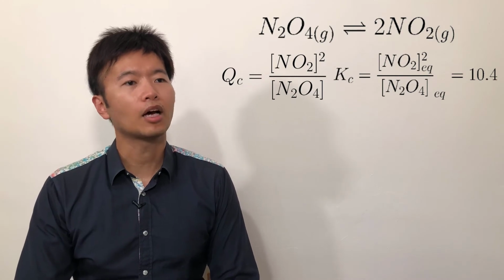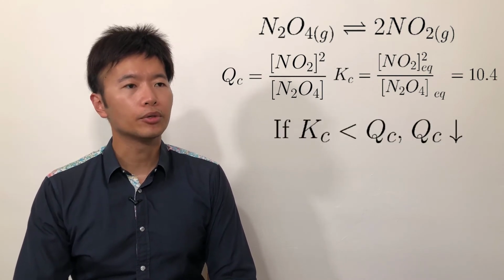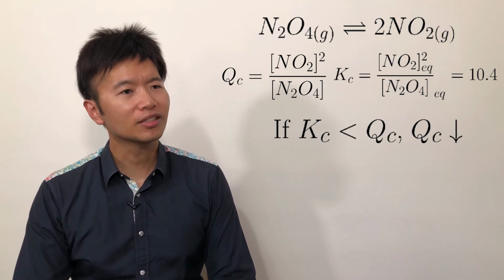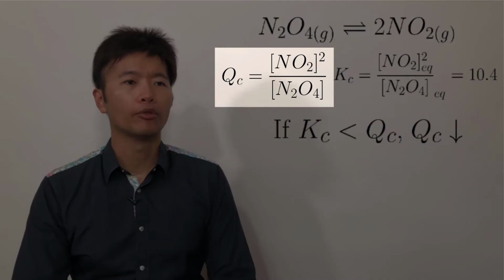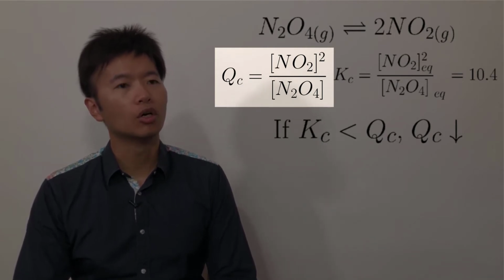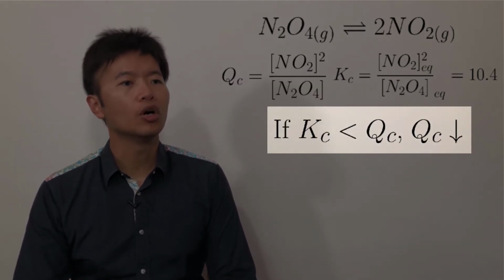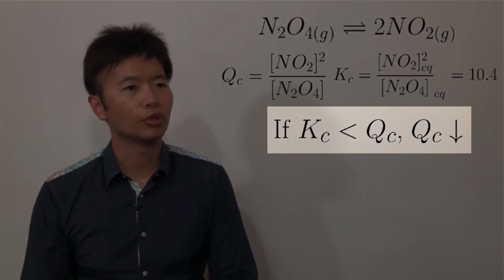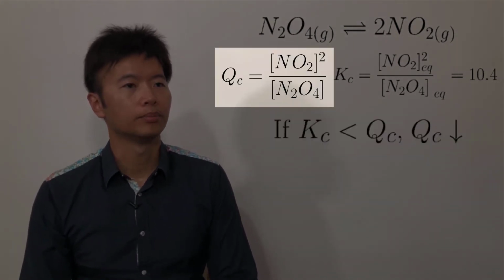On the other side of the spectrum, when Q is greater than K, the reaction will behave just the opposite. Our numerator is too high and our denominator is too low, so the value of Q needs to decrease to 10.4 in order to reach equilibrium.